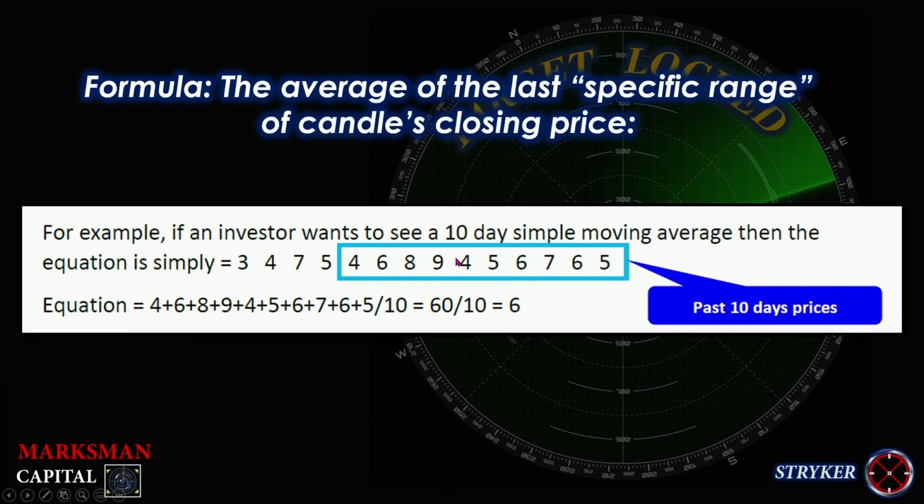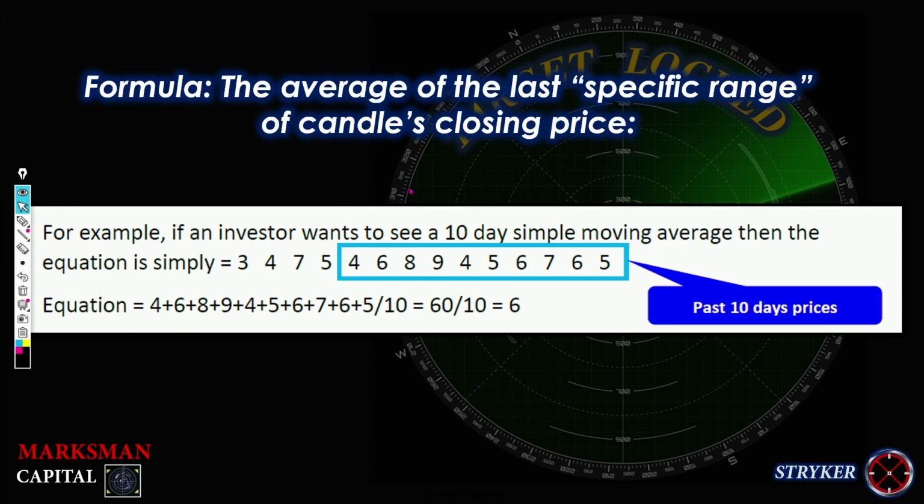So for example, if we take the past 10 days, a 10-day simple moving average, we are taking these numbers right here, the latest 10 days, and we sum them all together and divide by 10. Summing them up, we get 60, and divided by 10, we get 6. And this is automatically done in the trading platform itself, so we do not have to calculate, we just have to know the concept.